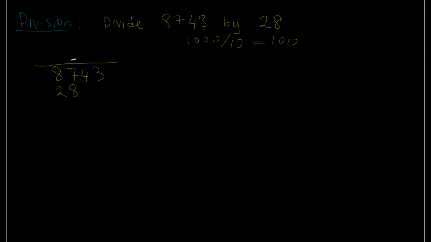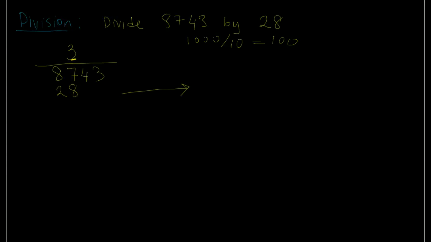All right. So the first step is to find out how many times 28 goes into 87. And by inspection, you can see that it goes into 87 three times. This is similar to the division that you learned in school, right?